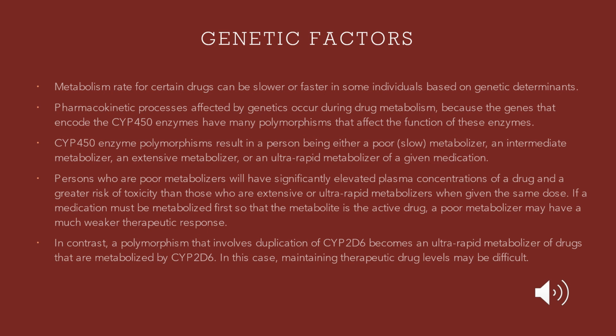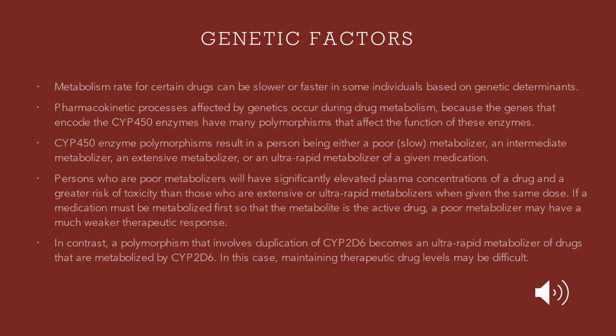In general, cytochrome P450 enzyme polymorphism results in a person being either a poor or slow metabolizer, an intermediate metabolizer, an extensive metabolizer, or an ultra-rapid metabolizer of a given medication.